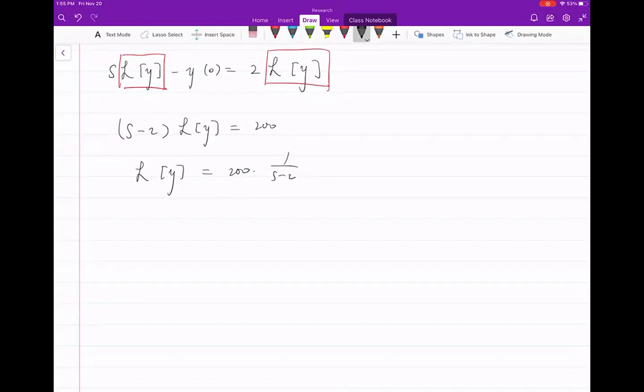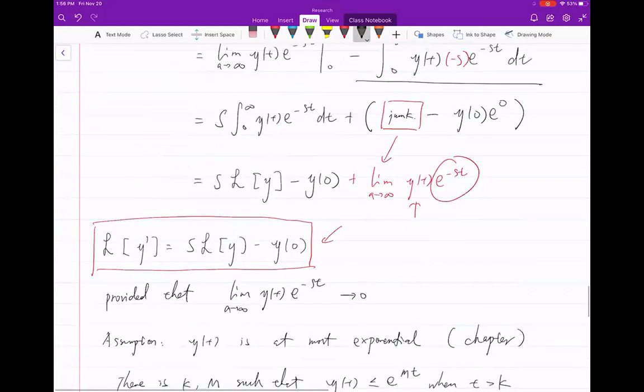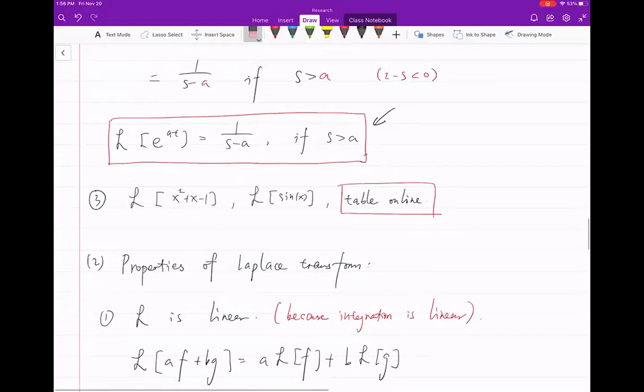Okay. To solve the differential equation, what's your job? Your job is to try to find y, right? What did we just do? We found L of y. We know if we have the solution and take the Laplace transform, it's going to be 200 times 1 over s minus 2. Good so far? Which function, if you take the Laplace transform, gives you 1 over s minus 2? Check your notes. Does it look like this?